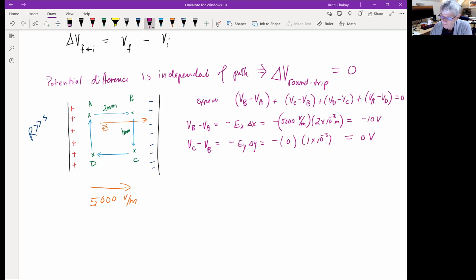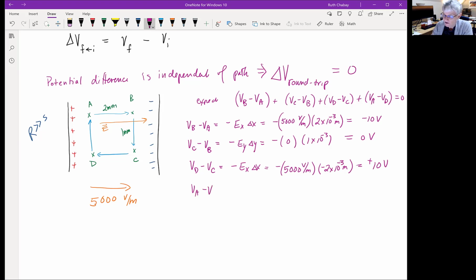And now we have VD minus VC is a minus EX delta X. And so that's a minus 5,000 volts per meter times, now we're going backwards here, so our displacement is in the minus X direction. So we have a minus 2 times 10 to the negative third meters. And so that gives us a plus 10 volts.